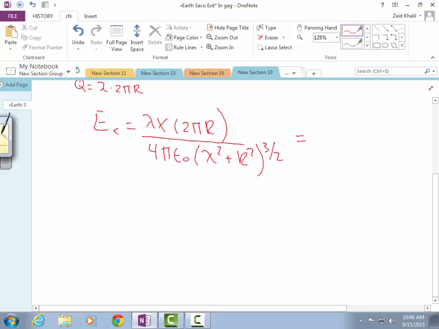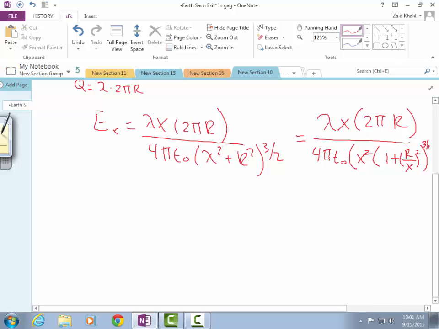So here you have lambda x times 2 pi r, and then you have the 4 pi epsilon naught, and what I'm going to factor out is this: this is going to be x squared times (1 plus (r over x) squared), and all that's to the 3/2.